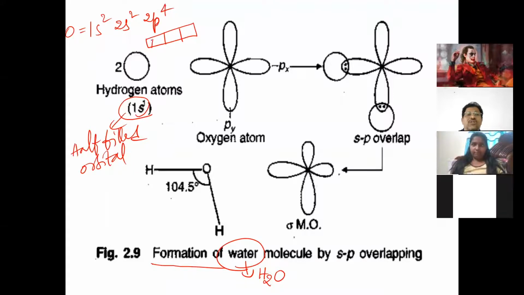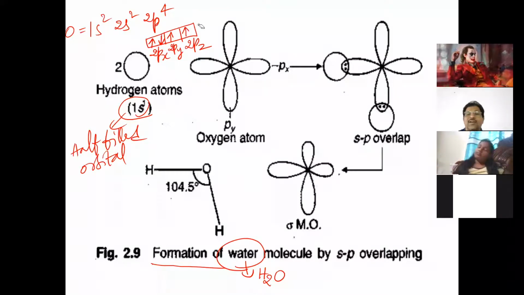One electron we fill into 2px, the second electron in 2py, the third electron in 2pz. After this, electron pairing takes place. So 2px has paired electrons, 2py has one unpaired electron and 2pz has one unpaired electron.